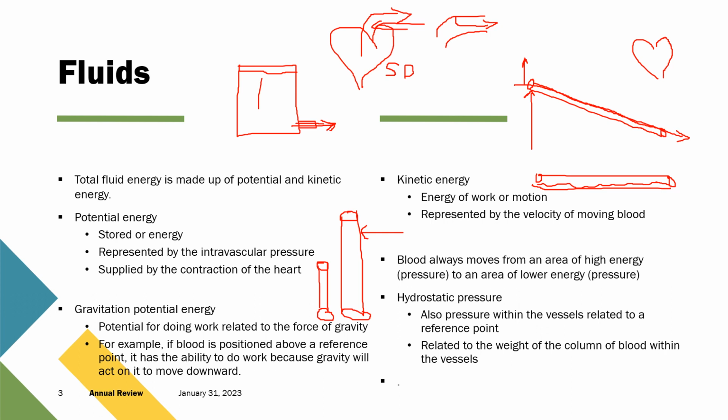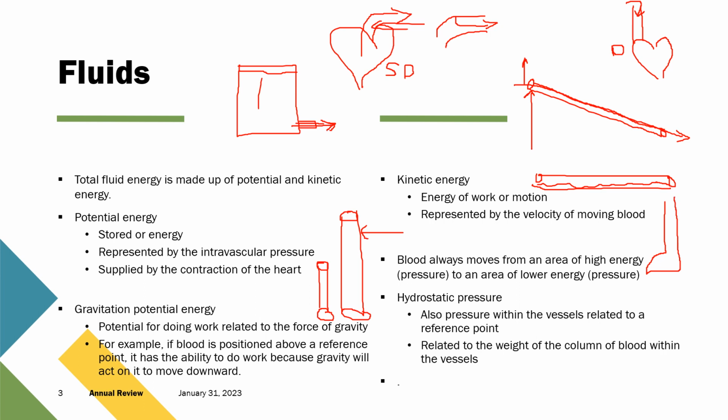All of our blood, its ultimate goal is to get back to the heart. If I have, say, our superior vena cava, and I have gravity pushing blood down in my superior vena cava if my patient's erect, but I have an opening in my heart willing to take that blood, then that would be my 0 pressure point.